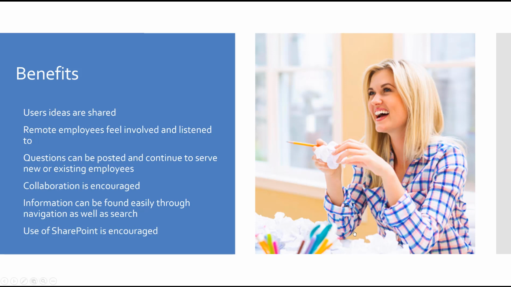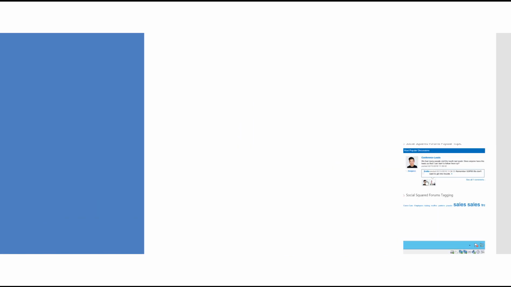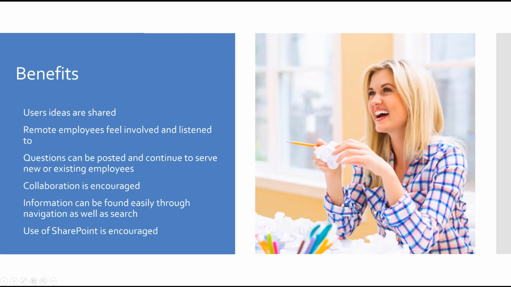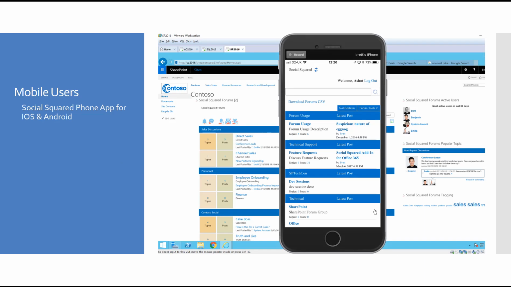And Social Squared also helps encourage user adoption of SharePoint as well. So if you can create some nice fun forums, people can start to get engaged with Social Squared. So there is also the mobile users to consider. So if you're out on the road a lot, then there is a mobile app for, like I say, iOS and also Android.